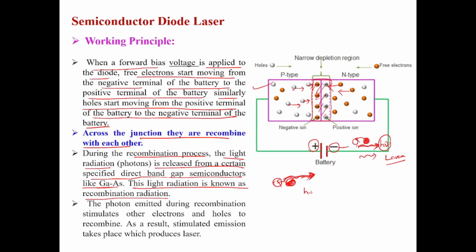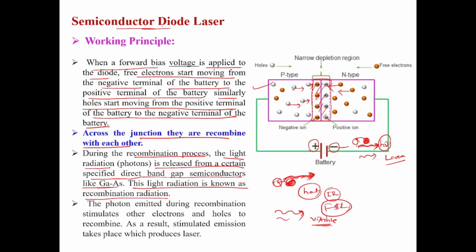If it is heat, it is not visible; it will be in the infrared or far infrared region, but energy is still released. In the diode laser system, the photons released at the time of recombination fall in the visible region.